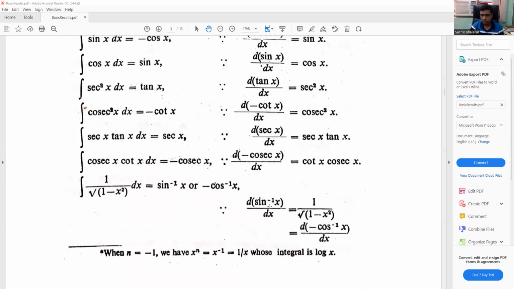We know that derivative of sine inverse x is 1 upon square root of 1 minus x square, and it is the same as derivative of minus cos inverse x. So integral of 1 upon square root of 1 minus x square can be sine inverse x, or we can write it as minus cos inverse x.